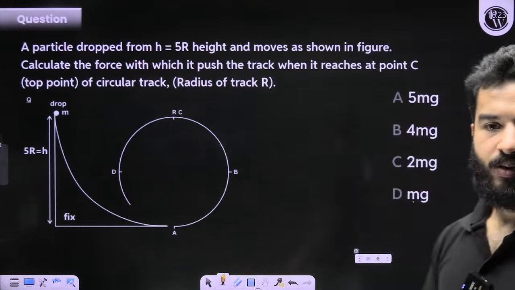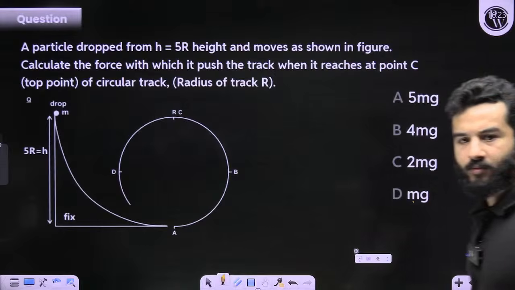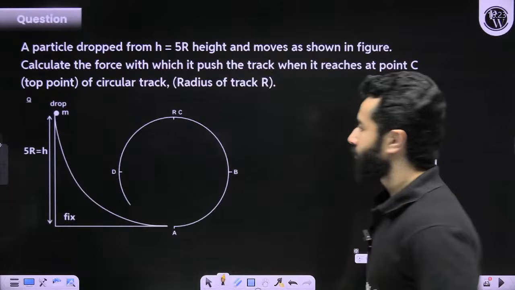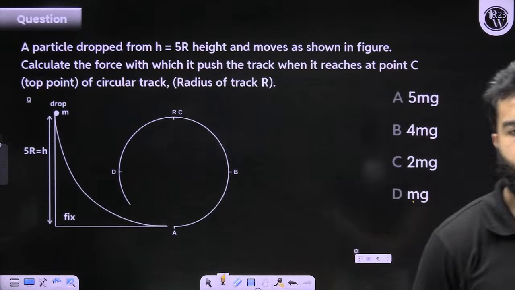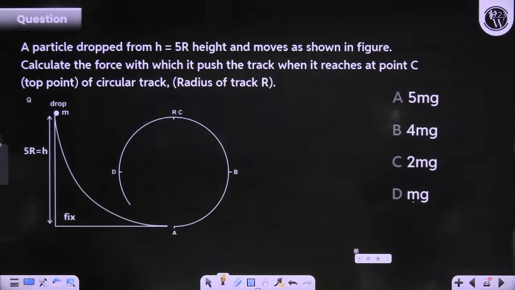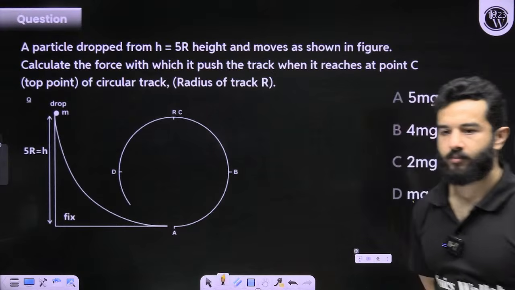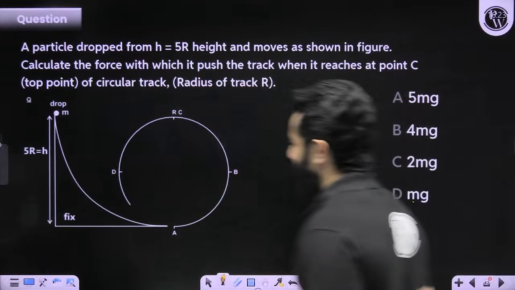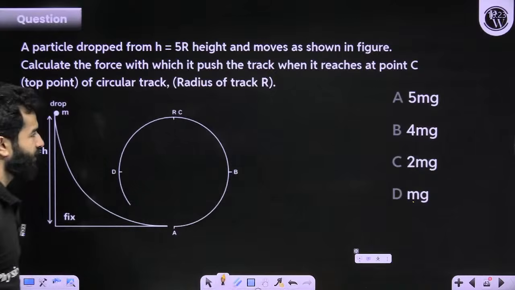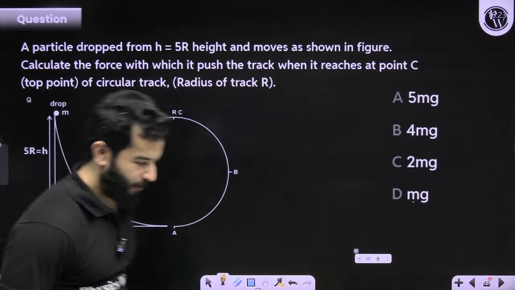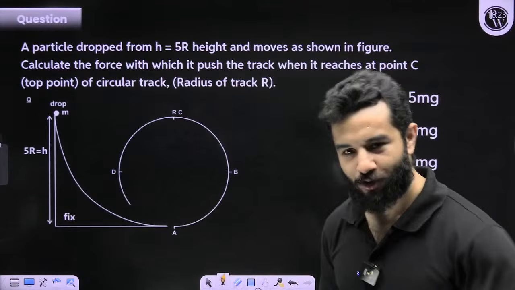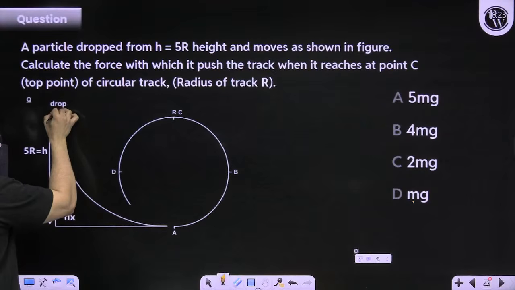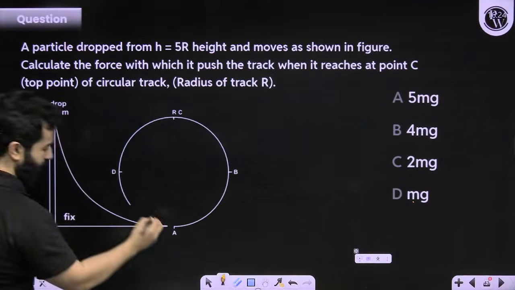Let's start. Friends, first of all, we have to use conservation of mechanical energy, right? So let's go step by step. We first apply conservation of mechanical energy between this point and this point.